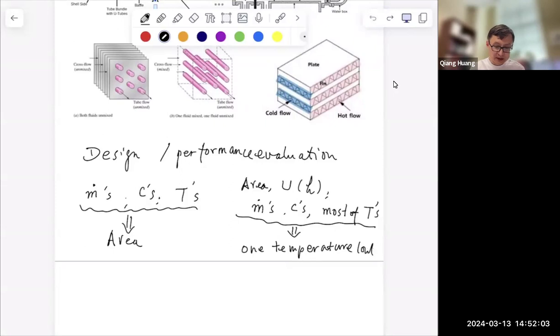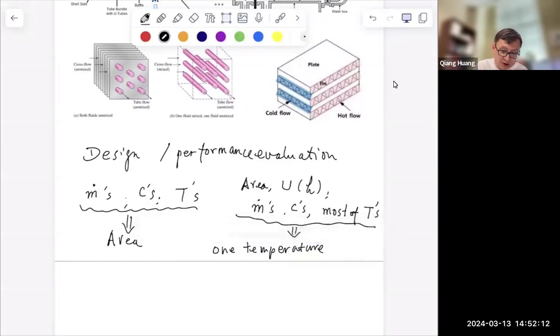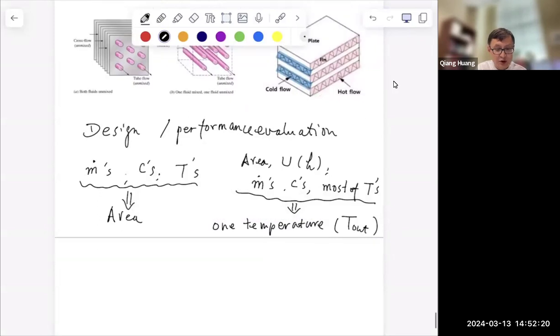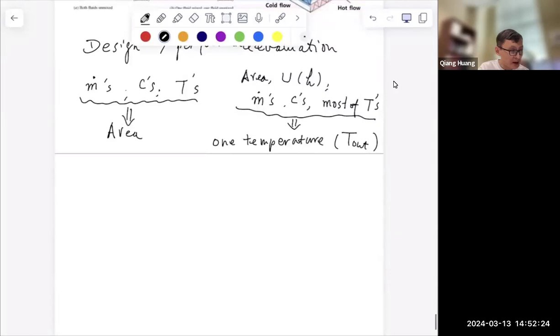So basically the performance evaluation tells you, you have this heat exchanger and here are the inlet conditions. What will be the outlet temperature? In other words, how much heat can be transferred across this heat exchanger.